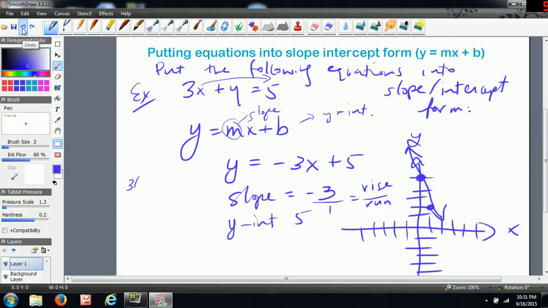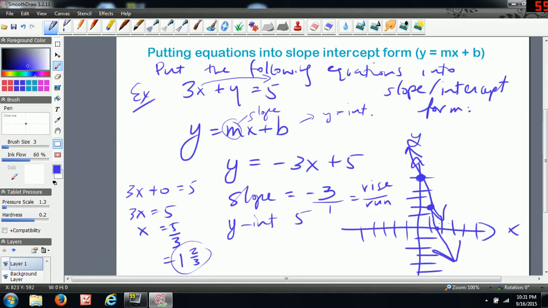If we set y equal to 0, we can find the x-intercept. So 3x plus 0 equals 5. 3x equals 5, so x equals 5 over 3, which is 1 2/3. So that means that it would cross the x-axis at about here. So you can even draw it down further if you want to complete it. Okay, but that's using x and y-intercepts. The other method I was using before is using the slope and the y-intercept.